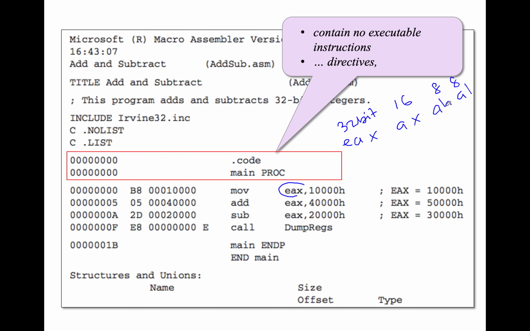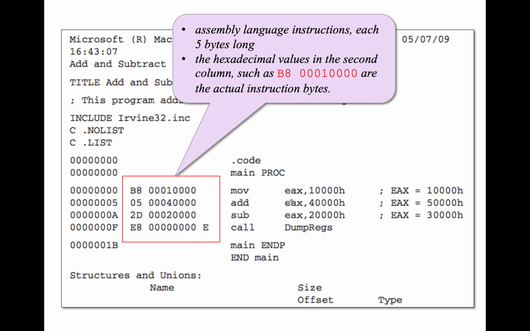So if you know all of these, then there's no need for you to mention anything like byte, word, double word, because this is already mentioned. You occupy 32 bits. Okay, and what else? You can see also here you have assembly language instructions, each of 5 bytes long. Okay, over here you can see you're going to start at 00.